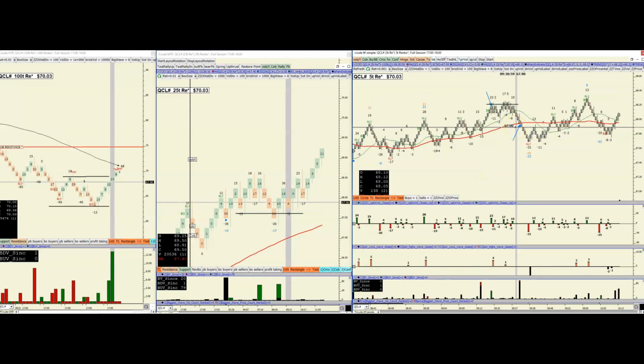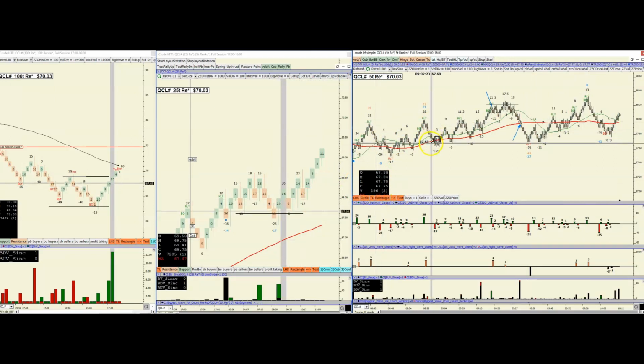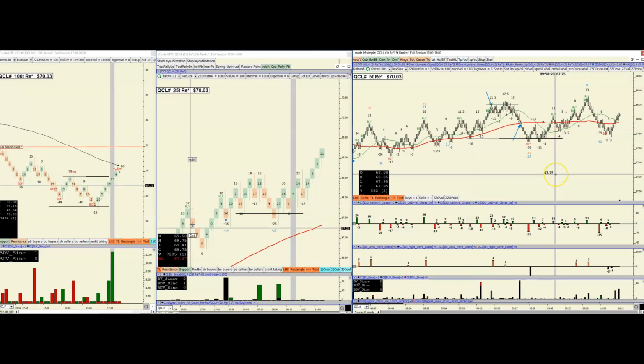I'm not 100% sure, but on the left-hand side it's a test. On the right-hand side, it basically took out this area. One, two. It took out these stops.